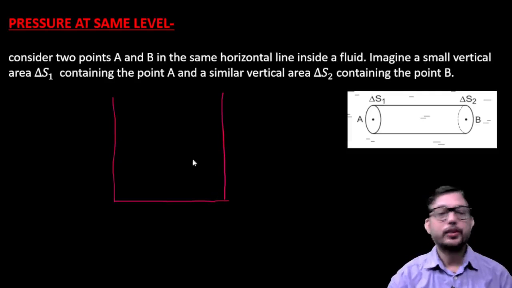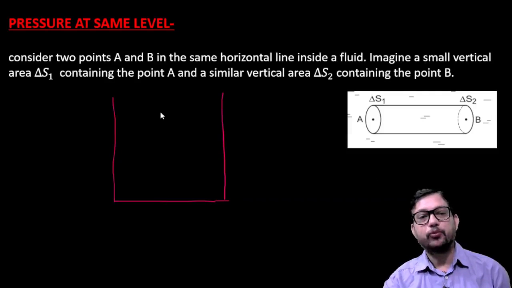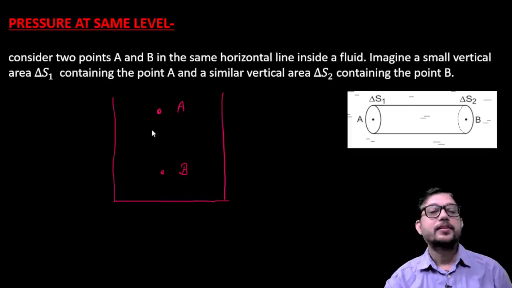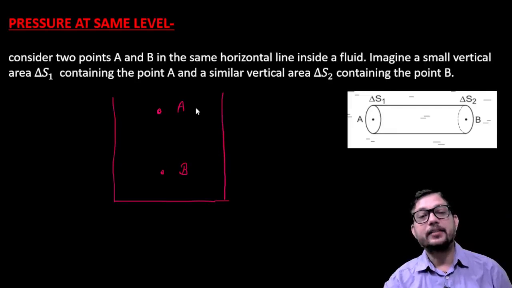Let's take a point A, and another point B. These two points are in the vertical plane, so this is the vertical direction.